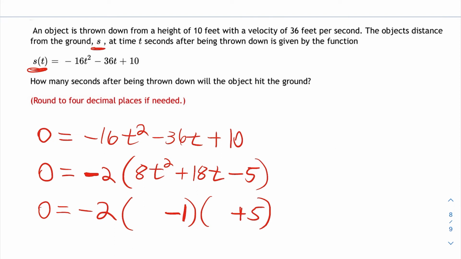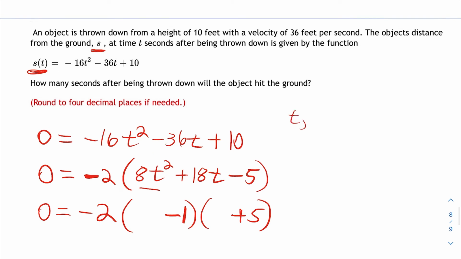And then we just need to find factors of 8t squared. Well, factors of 8t squared, I could use t and 8t, or I could use 2t and 4t. I think I'm going to try for the 2t and the 4t.